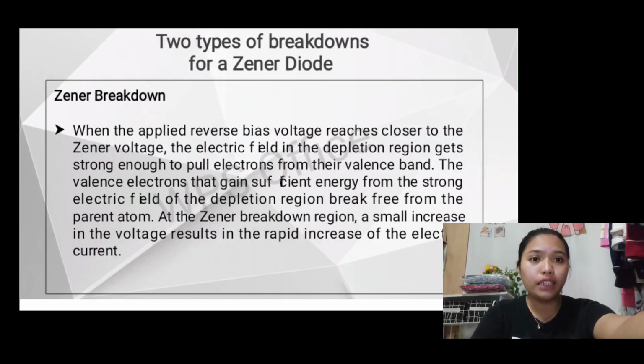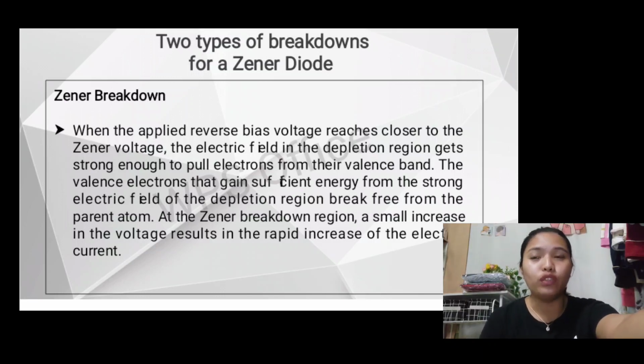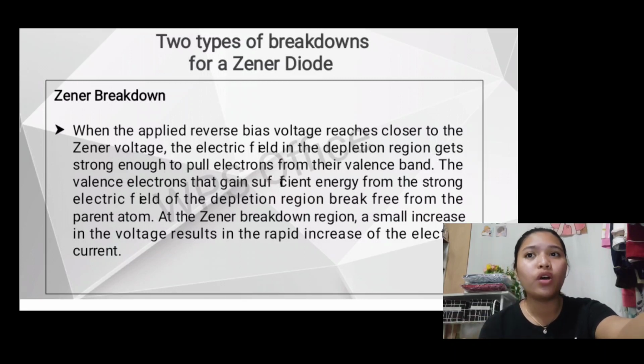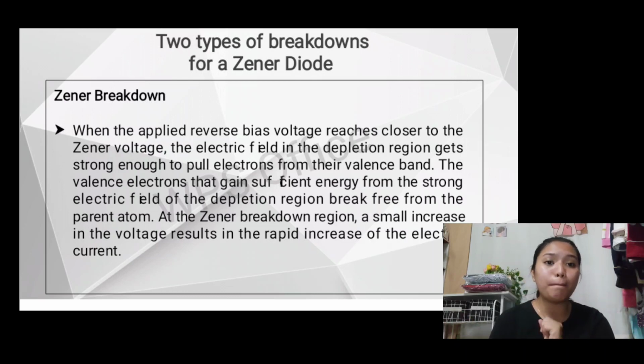Zener breakdown is when the applied reverse bias voltage across the diode gets closer to the Zener voltage. The electric field in the depletion region gets strong enough to pull electrons from their valence band. The Zener breakdown is a temporary breakdown of the PN junction in the diode, so it does not destroy the diode itself. Once the reverse voltage is removed, the PN junction regains its original state.